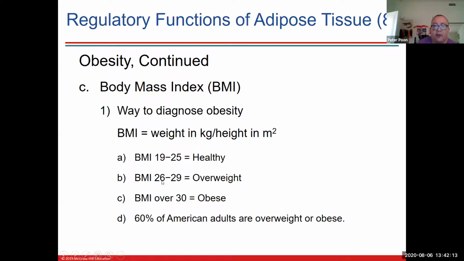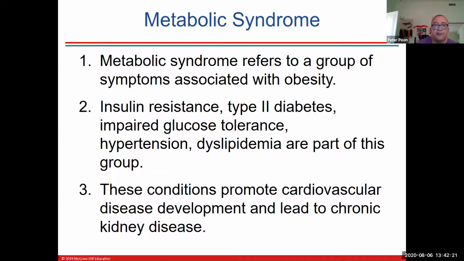A BMI of 26 to 29 is overweight, and a BMI of over 30 is obese. Metabolic syndrome refers to a group of symptoms associated with obesity: insulin resistant type 2 diabetes, impaired glucose tolerance, hypertension.